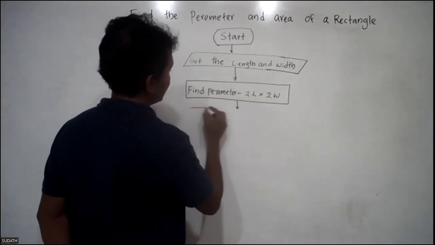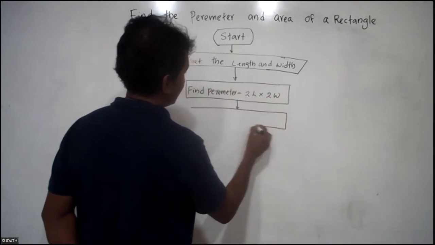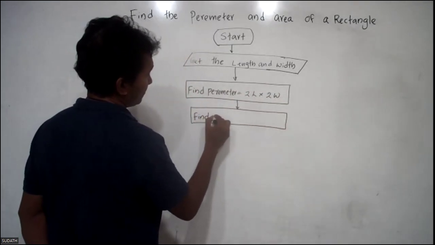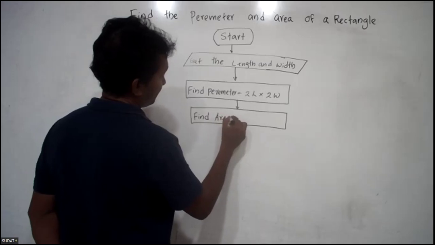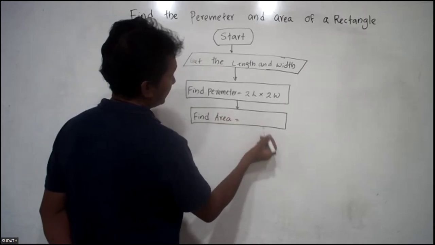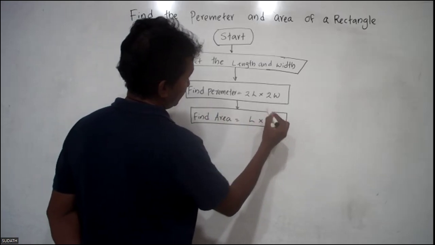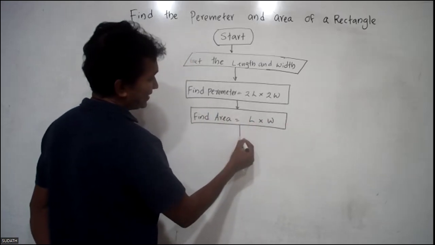So in the next process, find area. So area equals length into width, right?